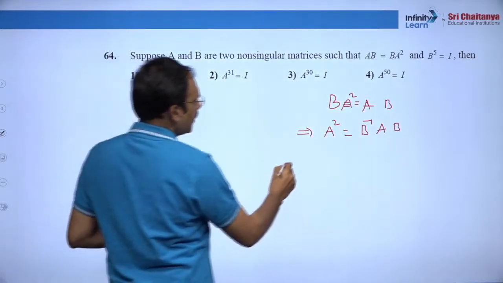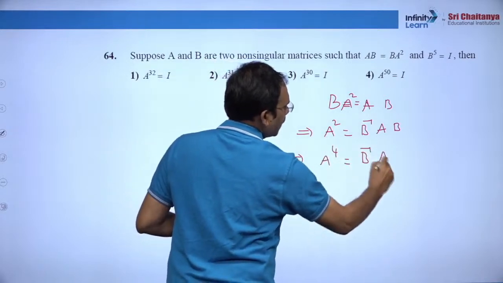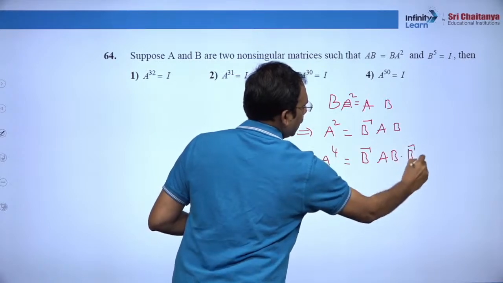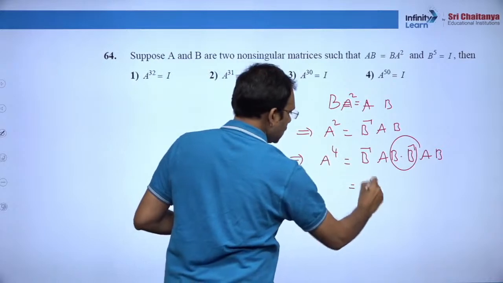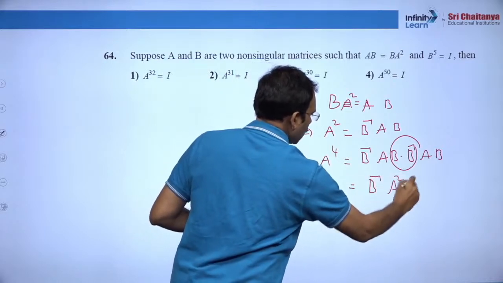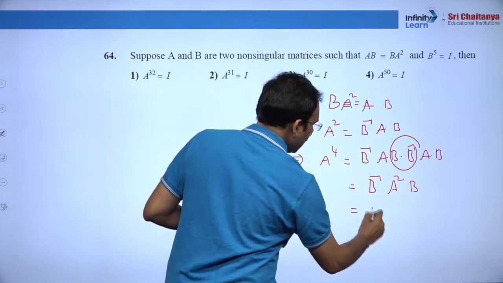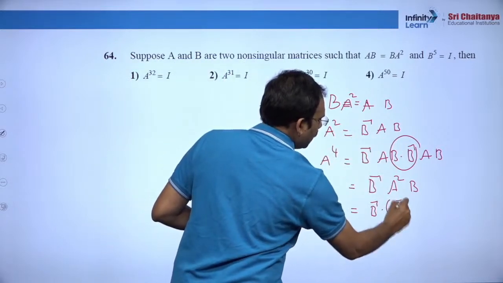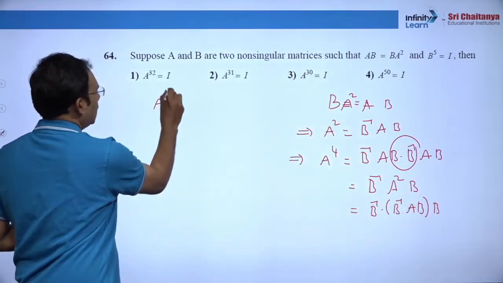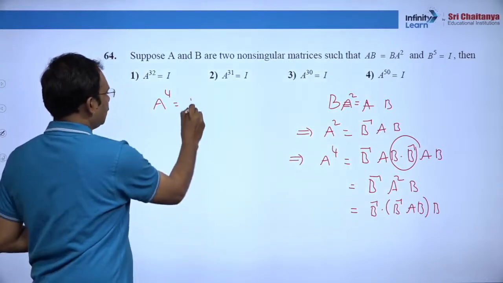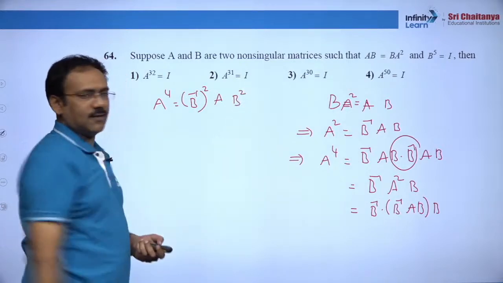So, from this, you just find A power 4, that means B inverse AB into B inverse AB, but B into B inverse will become I, which is B inverse A square B. If you replace A square again with B inverse AB, you are going to get A power 4 is equal to B inverse square A B square.